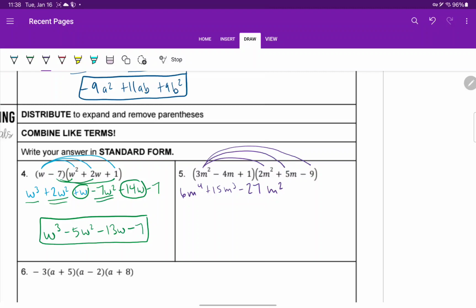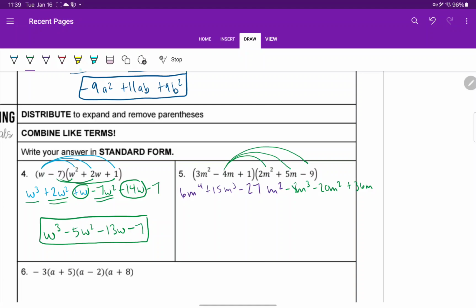Okay, now from here, I'm going to distribute my negative 4m. So negative 4m times 2m squared is negative 8m to the 3rd. Negative 4m times 5m is going to be negative 20m squared. And negative 4m times negative 9 is positive 36m.